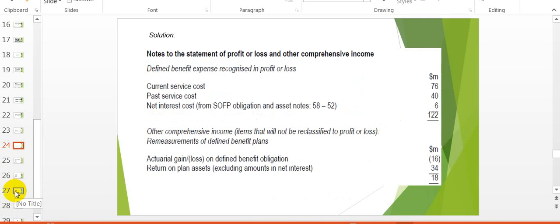So you open your planned obligation. We discussed earlier that the current service costs, the past service costs, these are expenses which are recognized in the planned obligation.